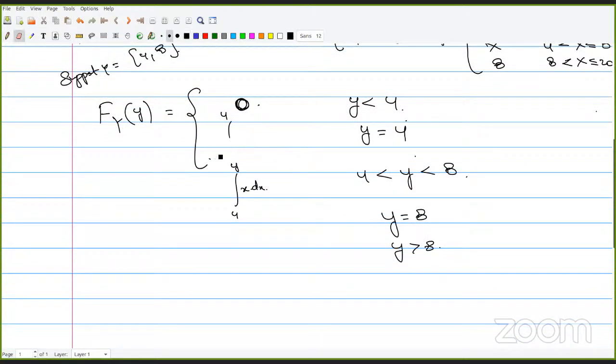So this will be 4 by 20, and this will be 12 by 20, and this will be the integral from 4 to y of x dx. Correct? So x square, y to 4.